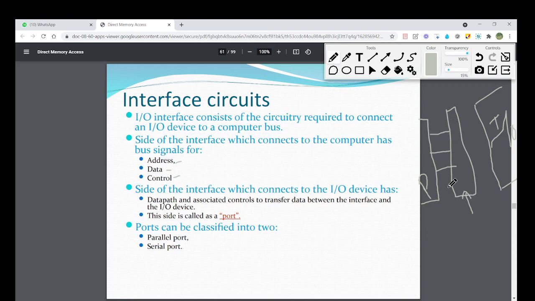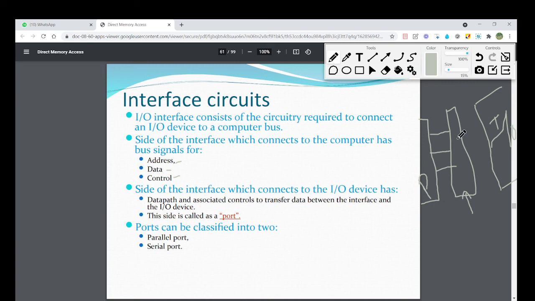So this interface circuit is going to have address, data and control at the processor side. The side of the interface which connects to the I/O device has the data path and associated controls to transfer data between the interface and the I/O device.